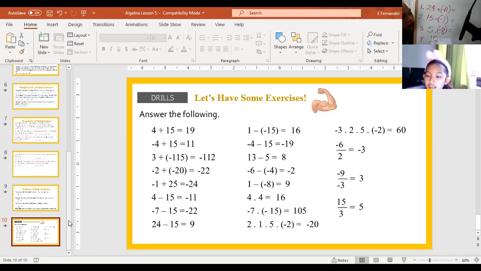And number 4? I can't see number 4. Ah, number 4. Number 4 is positive 10 divided by negative 2.